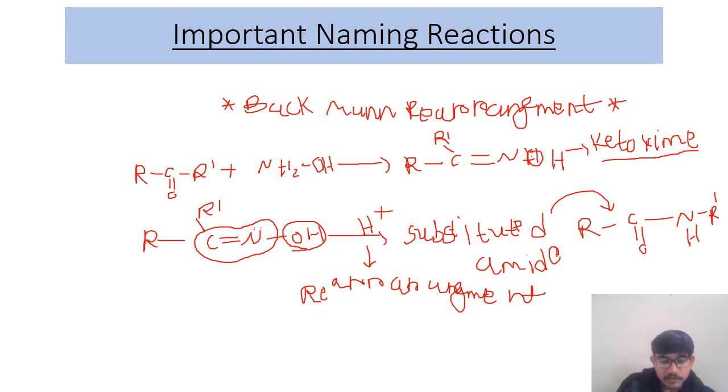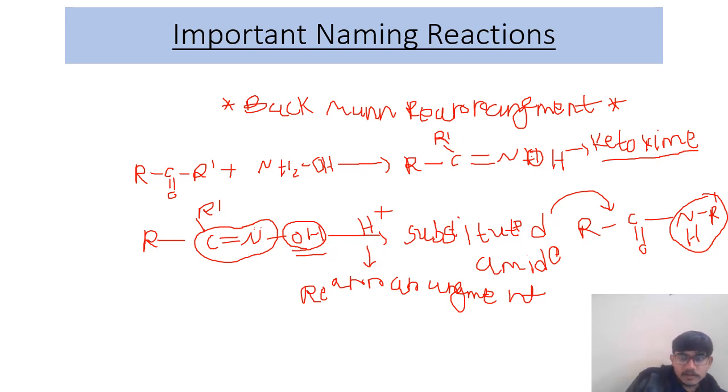The group which is anti to the OH is going to transfer onto the nitrogen. So here you can observe that the group which is anti to this OH in the ketoxime is going to rearrange, or you can say is going to transfer onto the nitrogen.